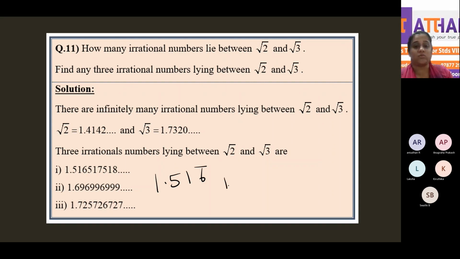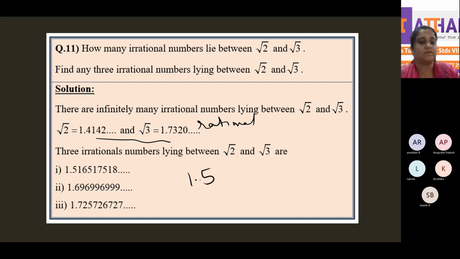So you can just write like 1.6, 1.7, 1.68. You can write a terminating decimal also, because a terminating decimal is a rational number. If we have to write a rational number between these two, then 1.5. Yes, terminating decimal, so it's a rational number.